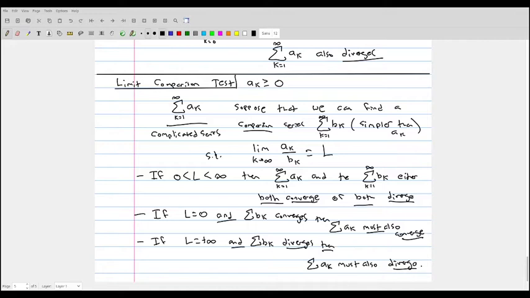And the main justification for all of these is essentially looking at a comparison in what this limit is telling us about the series itself.